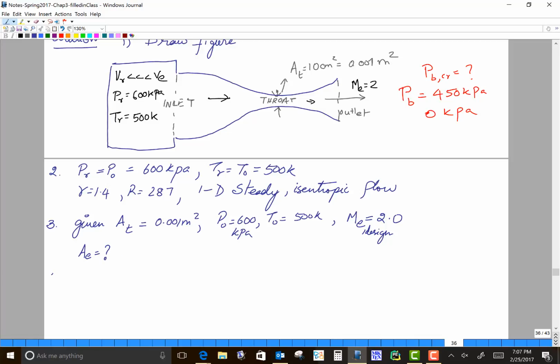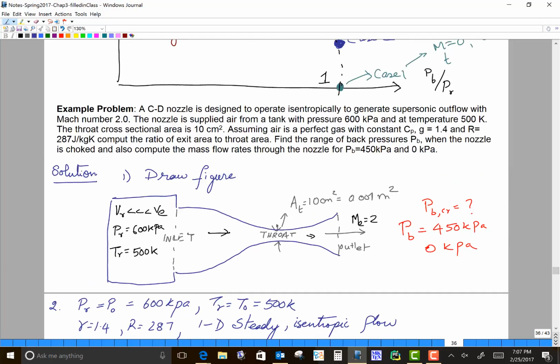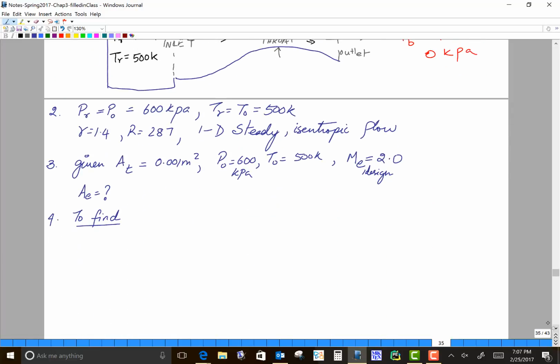So what the problem is asking is to find the value of the back pressure, or the range of back pressures PB for which the nozzle is choked, which means to find PB critical for this converging diverging nozzle, such that for PB smaller than PB critical, or smaller than or equal to PB critical, the nozzle is choked.